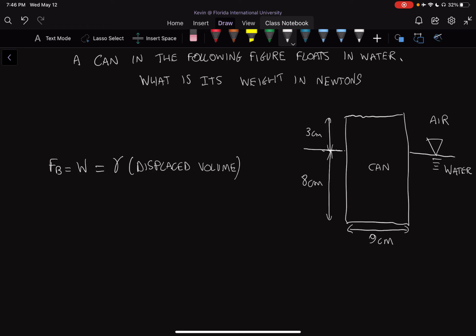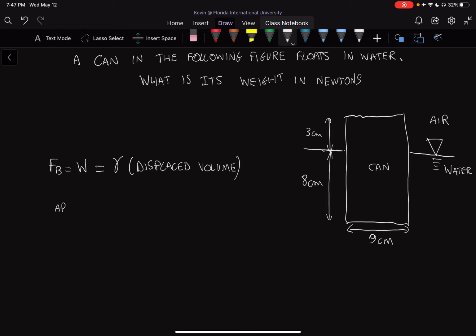So we have gamma times displaced volume, and we can find gamma either from table 2.1, or we can use rho g from table A3 in our appendix. So we already know very well what our 2.1 value is. It's 9,790. So let's use the other one just to practice.